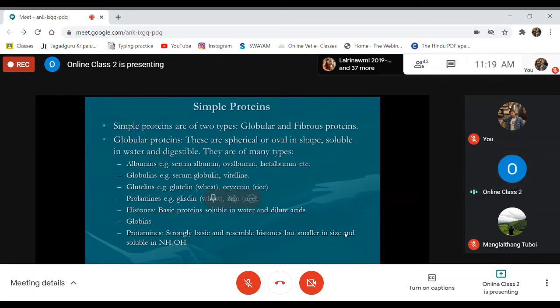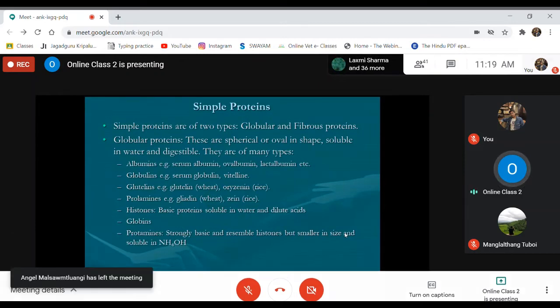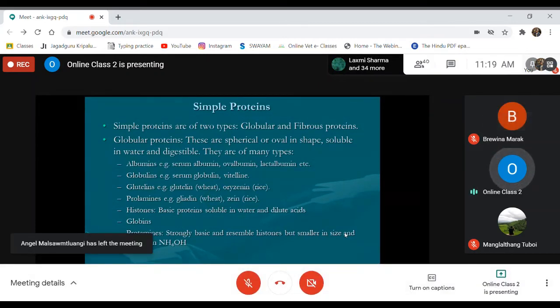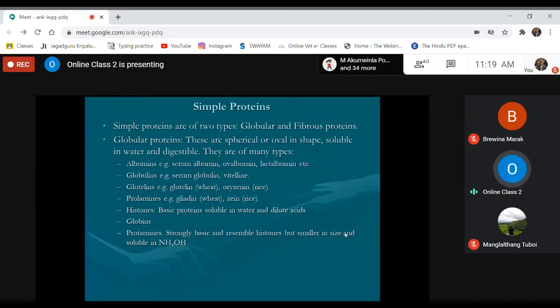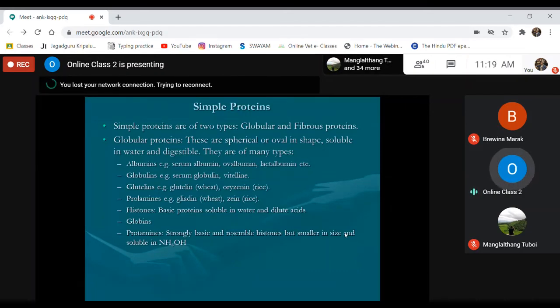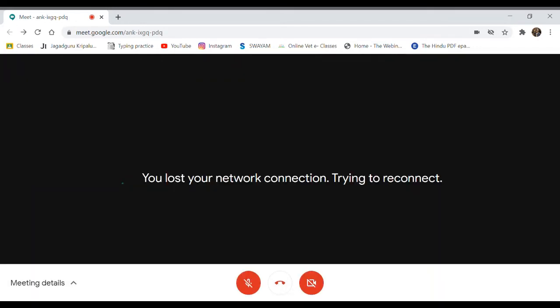Then prolamins, protamines. So the globular proteins are of different types. The examples of the globular proteins are albumins, globulins, glutelins, prolamins, histones, globins, and the protamines. Then the other group is the fibrous proteins.